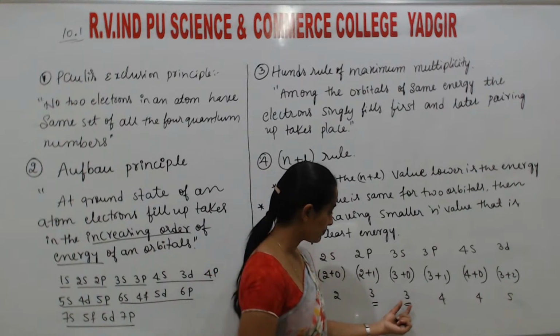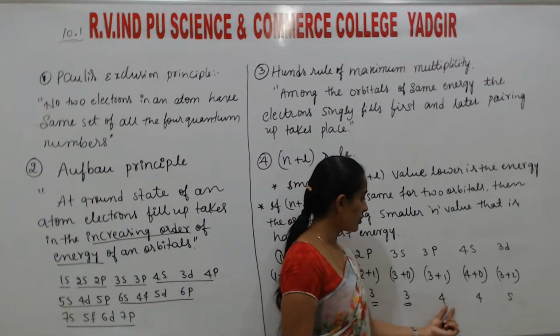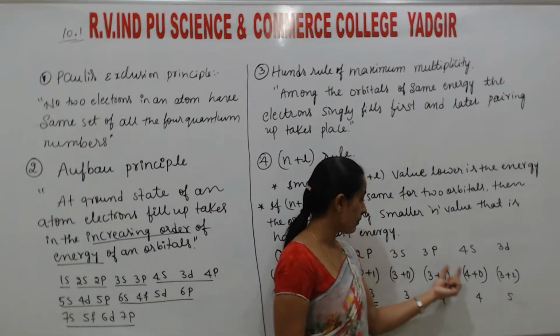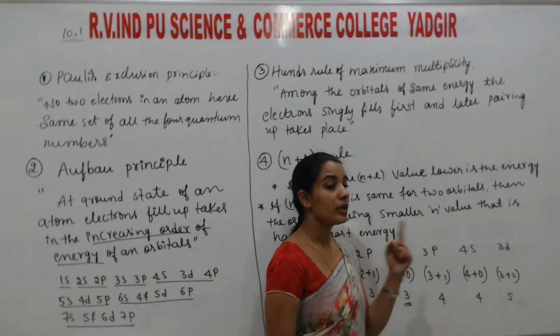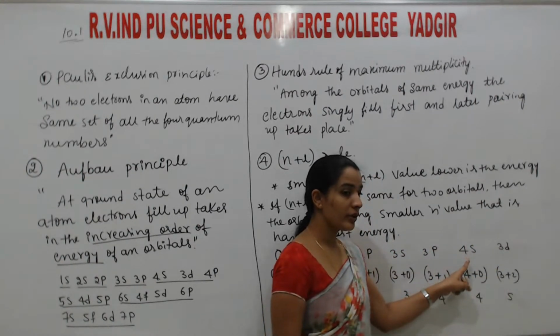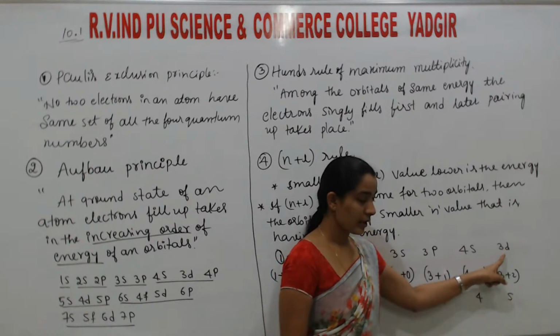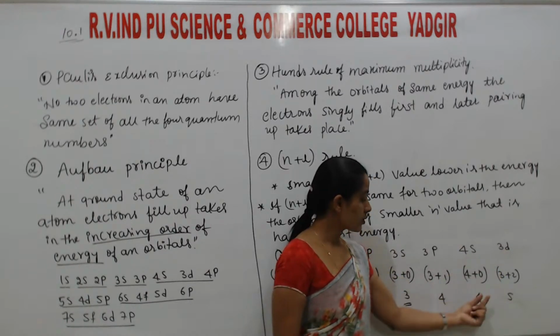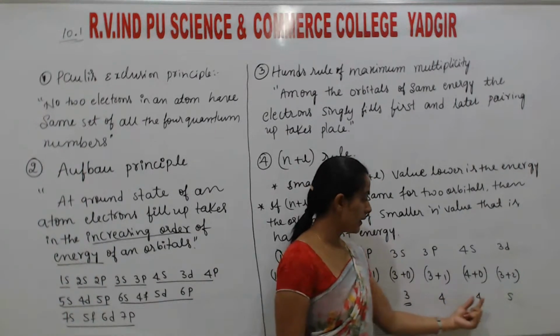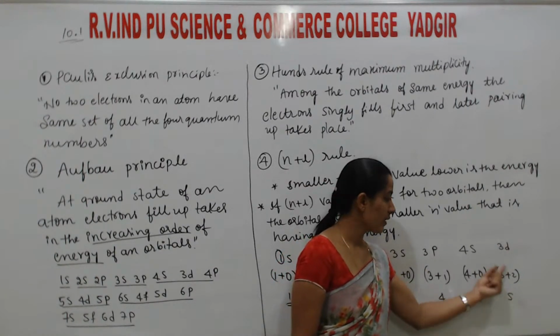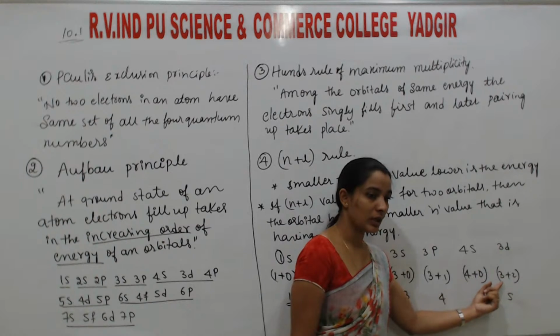So here also 3 is there, 4 is there, 4 is there. Students remember, after 3s, 3p, 3d are the same shell. Even though, 4s orbital fill-up takes place first rather than 3d. Why? According to n plus l, this is 4, this is 4, this is 5, even though the principal quantum number is 3.